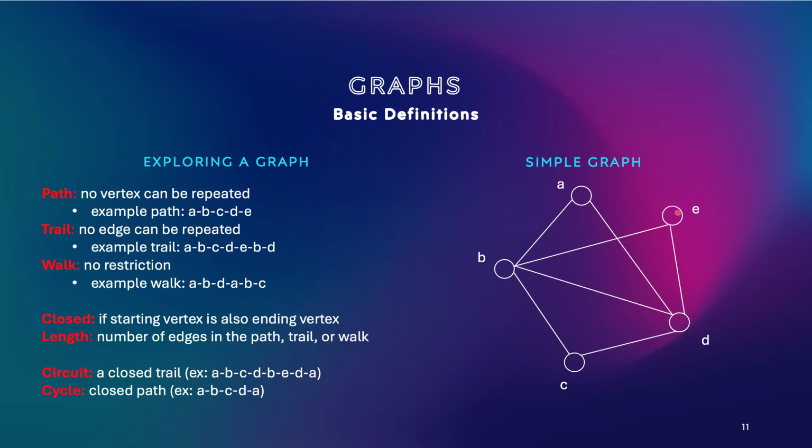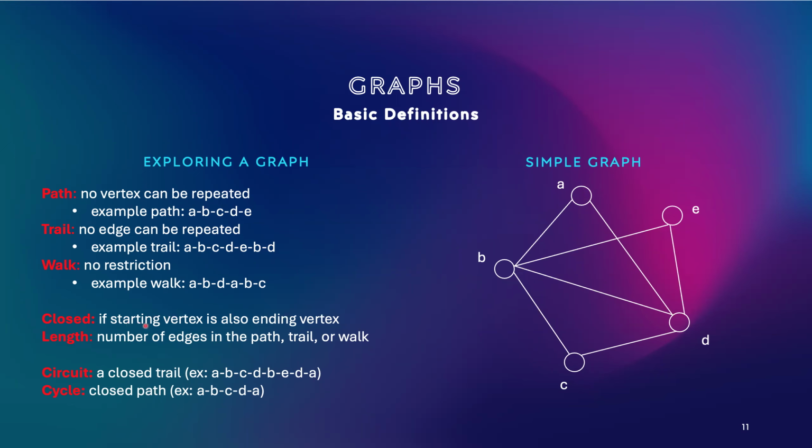Then in a trail, no edge can be repeated. So in a trail, we can have A, B, C, D, E, B, D. So this is a trail. And in a walk, no restrictions are applied. So as an example of a walk, we could have A, B, D, A, B, C.